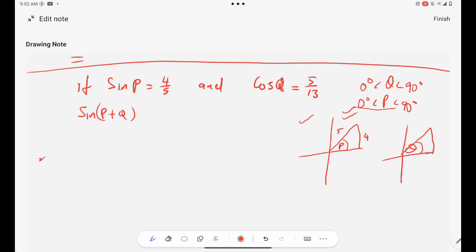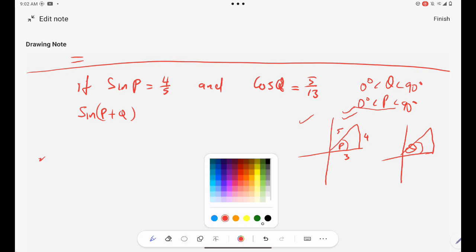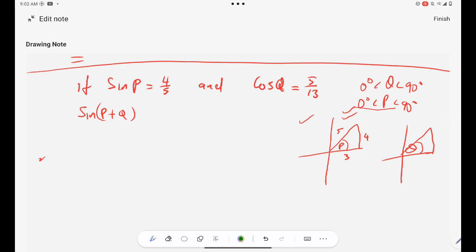Whenever I do my Pythagoras theorem, I'll have a 3 there. Are you together? I'm given cos of Q is equal to 5 over 13. This is 5 and I have 13 there. That means here I must have 12, but let me confirm.